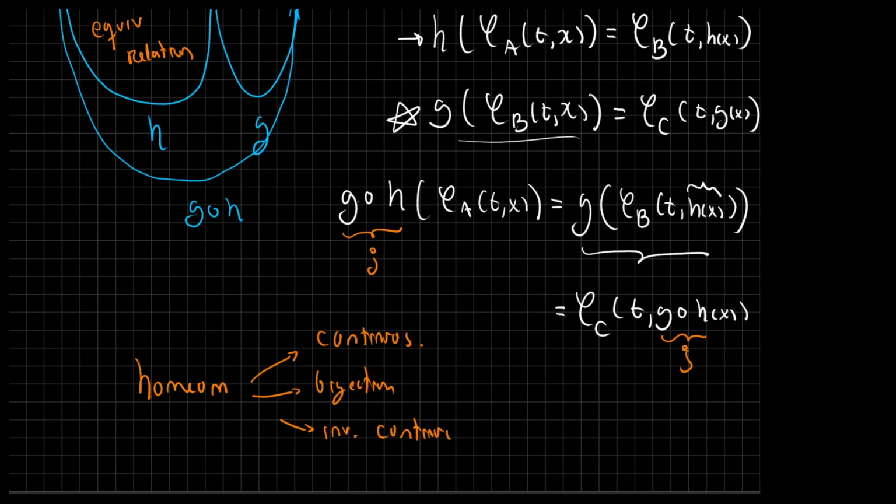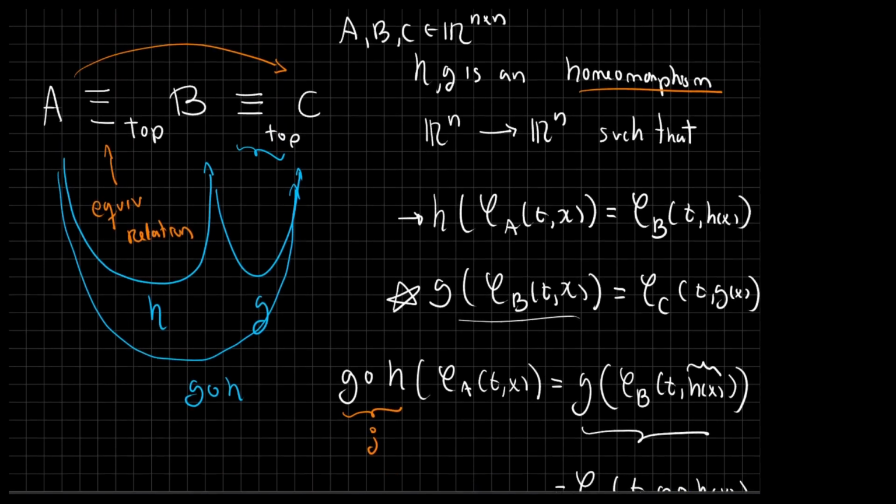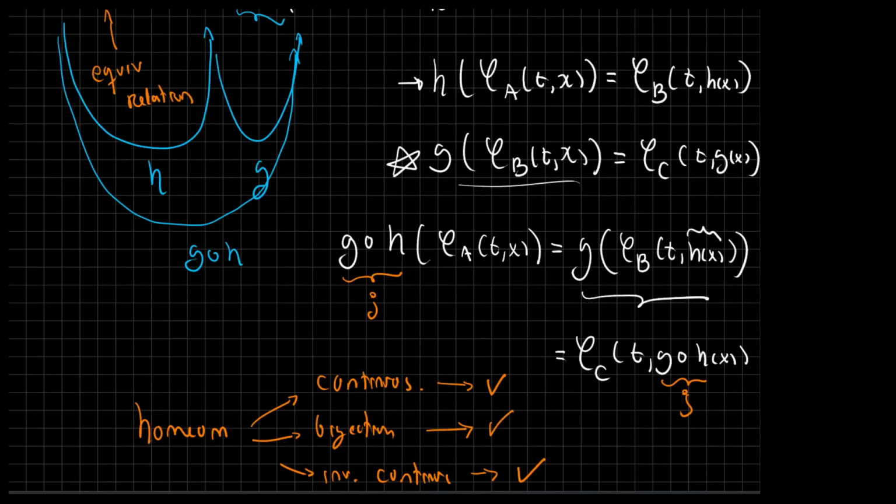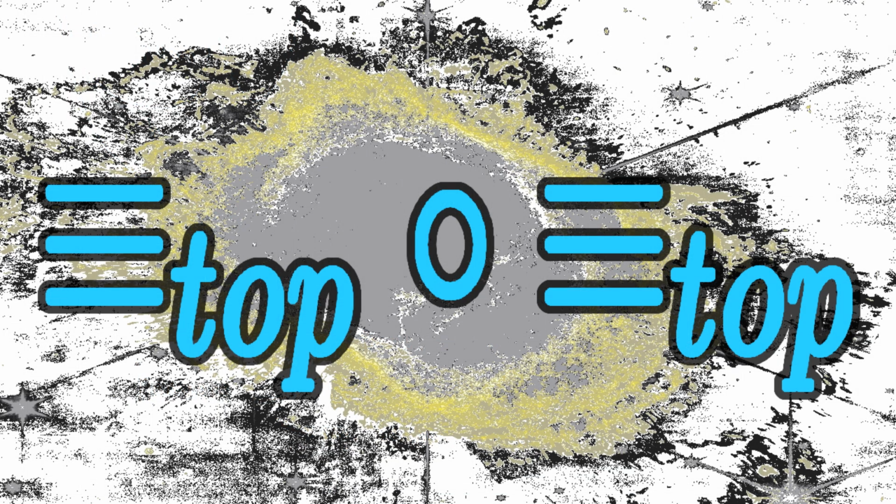So if we have two functions that are continuous, then the composition is continuous. And if they are bijections, then the composition will also be a bijection. And if the inverses are continuous, then the same holds. So this proves that the composition of topological conjugations is also another topological conjugation.